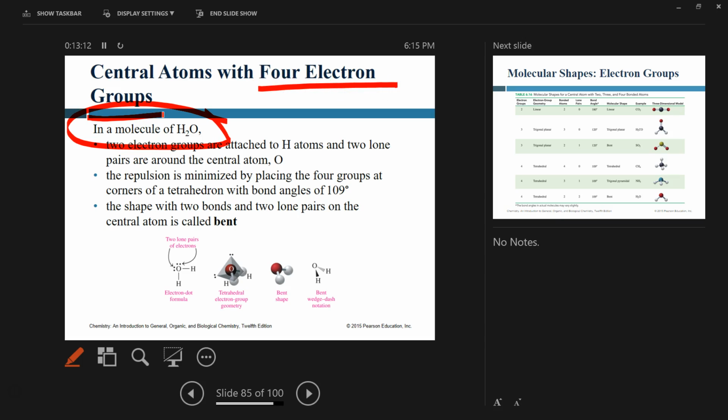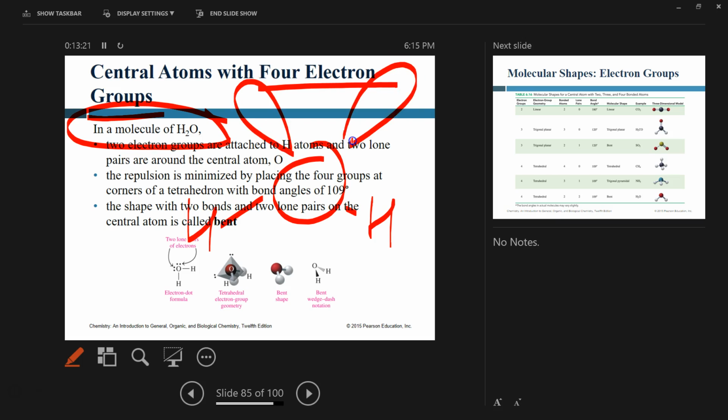And you can see that we have oxygen, which forms bonds with 2 hydrogens. And oxygen has 2 lone pairs. Does that make sense? You see these rabbit ears?